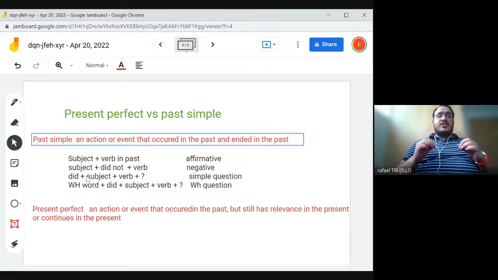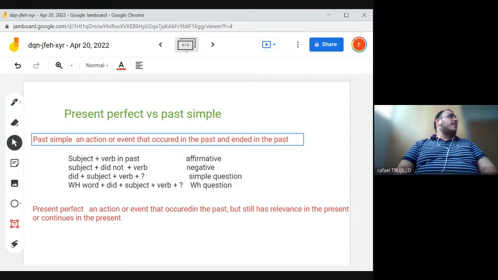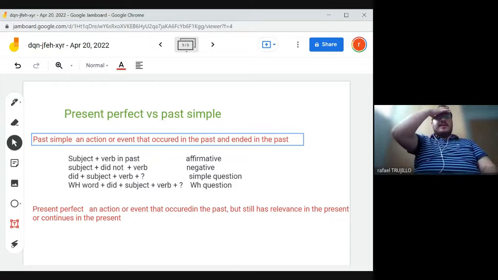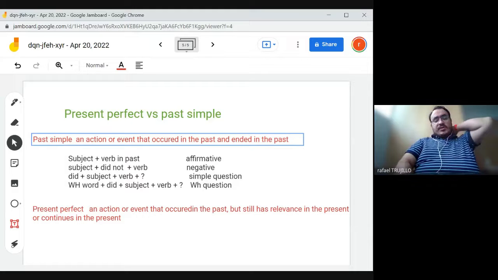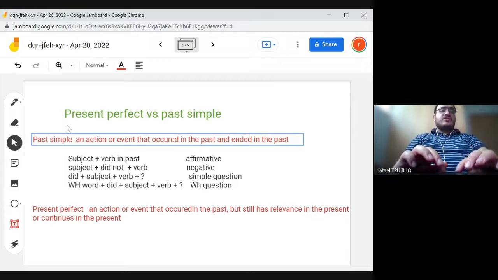And that is the issue for us. This is our, this is the most important part. Present perfect, an action or event that occurred in the past but still has relevance in the present or continues in the present. So let's see. Now, what is the structure?